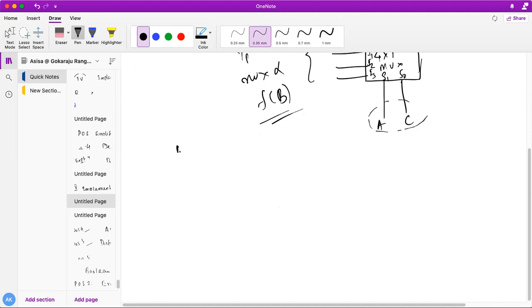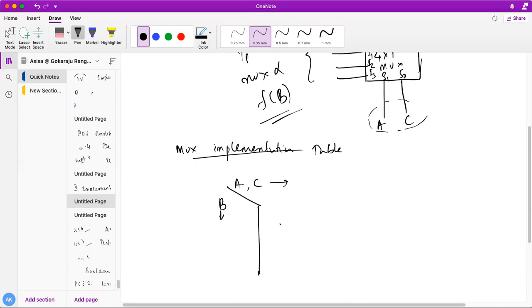So if you implement this mux implementation table, how does it look? As I told you, my AC will be in the horizontal way, and B, which is the remaining variable, will come vertically. See over here, if it is AC, the different combinations possible are A bar C bar, A bar C, A C bar, and finally AC.